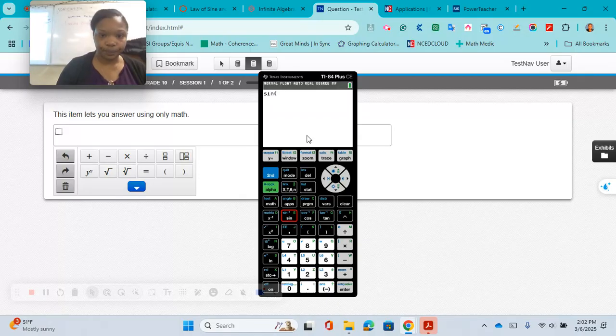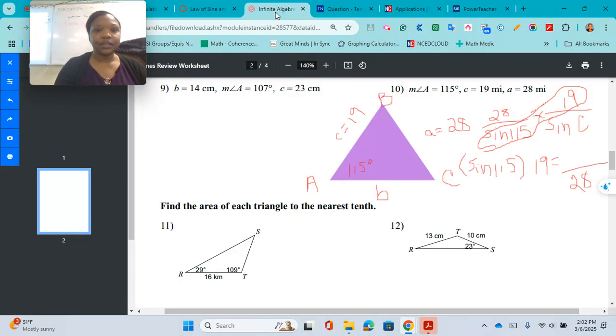That's the multiplication, and now we divide that by 28.